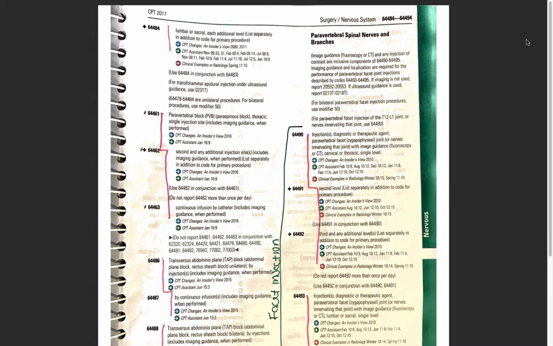Another common pain block that is done in pain management clinics is the facet injection. I have these bracketed in the facet injection category. 64490 is for the cervical or thoracic region, single level. The second level should be coded with 64491. And third and any additional levels should be coded with 64492.